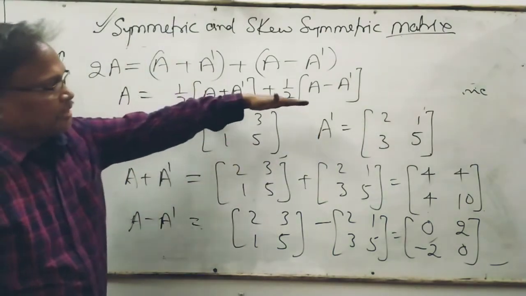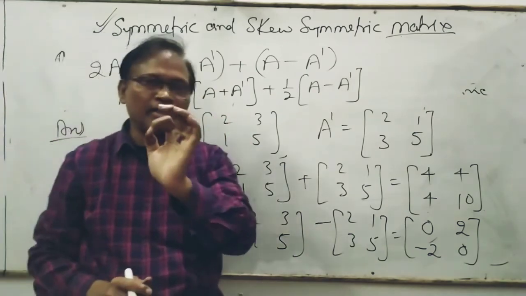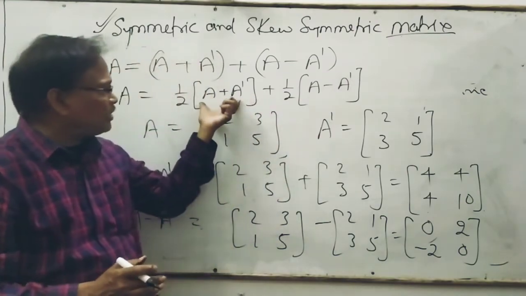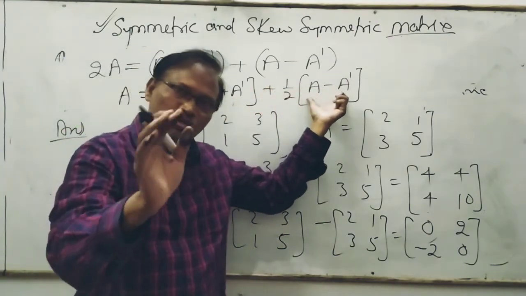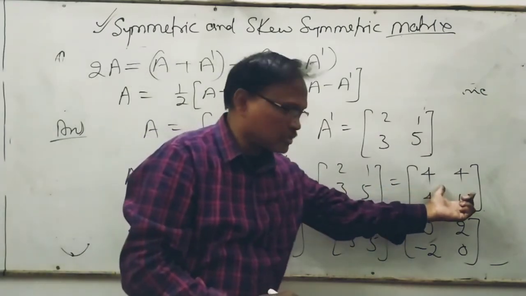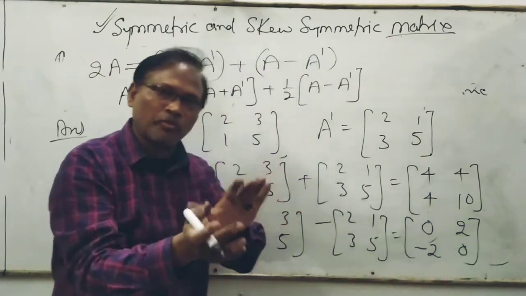This expression means the right side expression is given as the sum of symmetric and skew symmetric matrix. जैसे तुम देख सकते हो कि A plus A dash is symmetric and A minus A dash is skew symmetric. Just put the value.